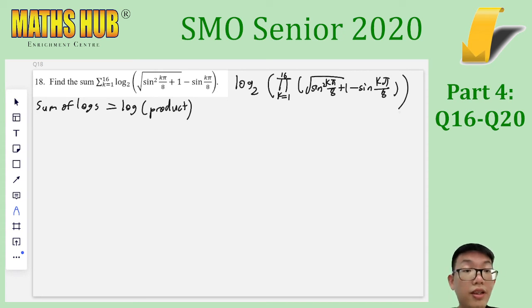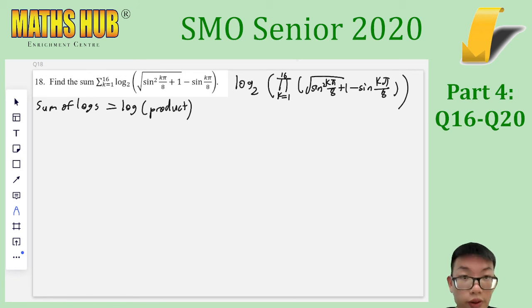For us to calculate something like this, the product must somehow be nice. It's not clear why, but it surely has to be. Now, one thing we know is that this is in radians, and so k equals 1 to 16 is a whole loop of all the values of sine around 2 pi radians, which is the whole unit circle. That means that as we go around the unit circle, some nice things are going to happen in terms of symmetry.